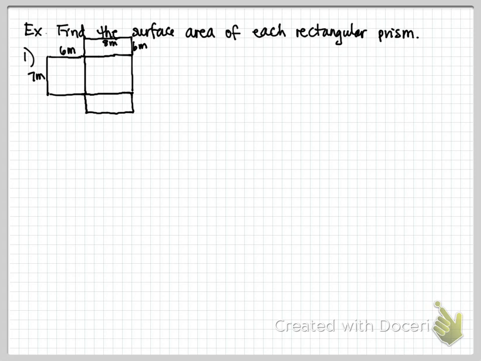And this guy is going to be 8 meters by 6 meters. Oh, that looks terrible, doesn't that? All right, you know what? Scratch it. I'm going to do it all over again. Sorry. Okay, let's see if I can do this again.